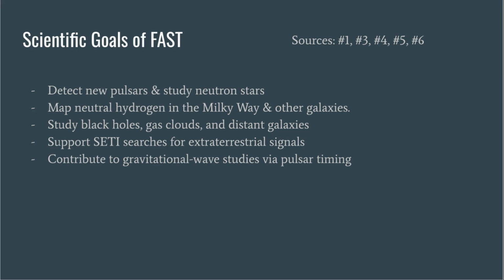Finally, FAST also plays a major role in SETI, which is the search for extraterrestrial intelligence. FAST is sensitive enough to pick up the faint, narrow-band radio signals that could come from other civilizations. So its scientific goals cover basically anything from neutron stars to galaxy mapping to potential SETI discoveries.